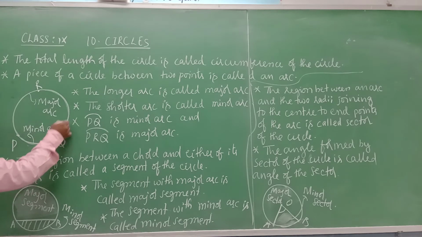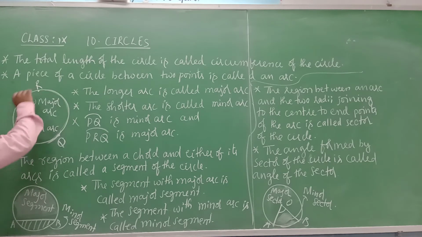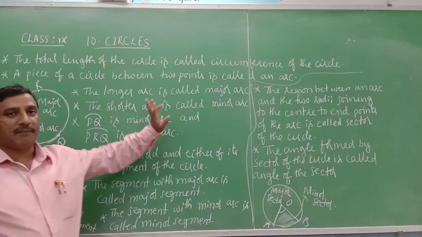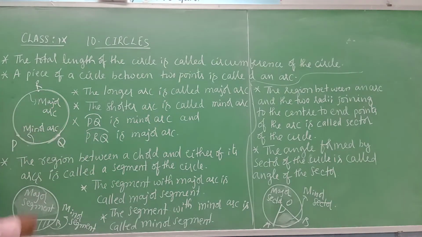The remaining piece, that is PQR, PRQ, is also an arc, but it is a longer arc. It is called the major arc, and the shorter arc is called the minor arc. Here PQ is the shorter arc, called the minor arc, whereas PRQ, this total, is the major arc.